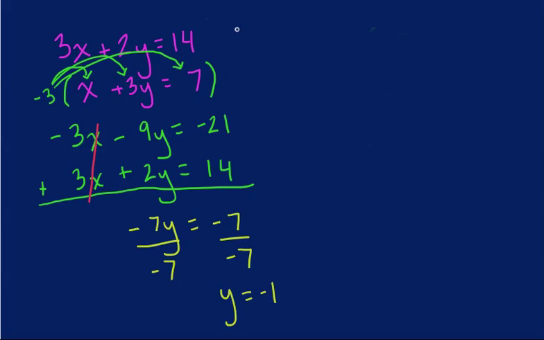You can choose any equation that you like. You can do equation 1 or 2. It does not matter. I'm going to choose 2 just because x is already by itself.